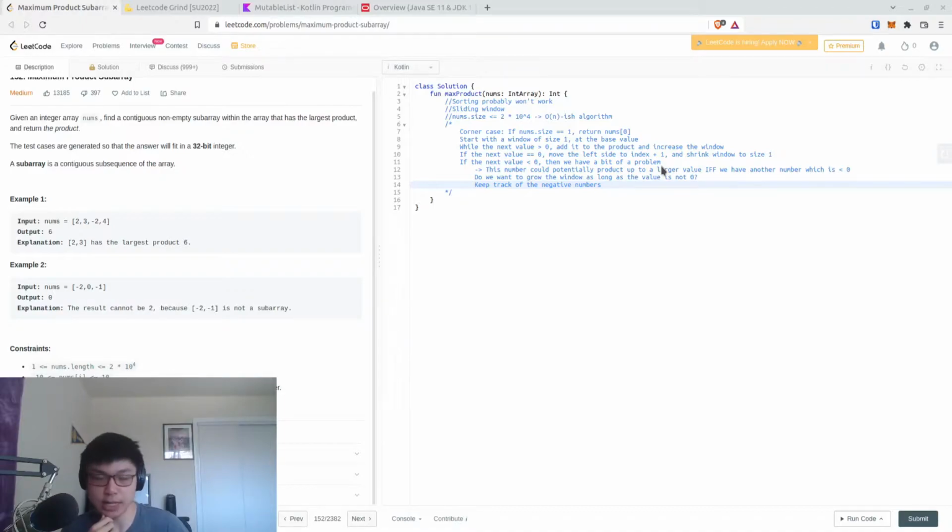And if we have an even number, including 0, then we will have a positive magnitude product. So I think the main crux of this is just the introduction of negative numbers. More importantly, we're looking for the maximum product in both magnitude and direction, right? We want the maximum positive number.